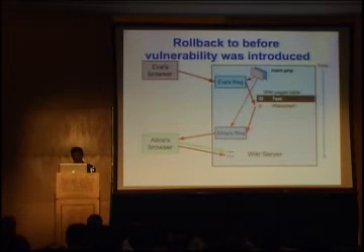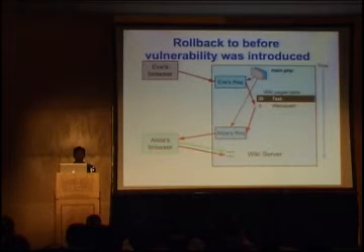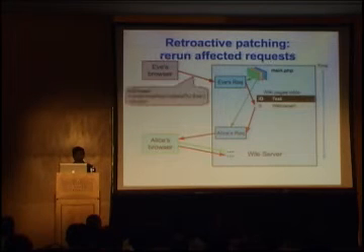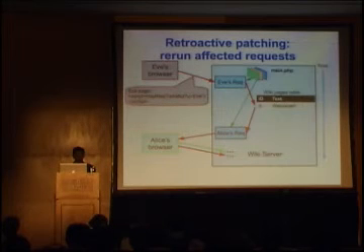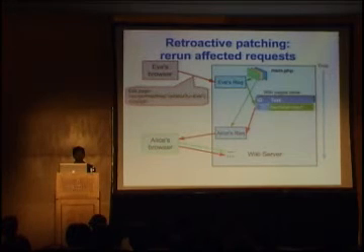Once the patch is available, Warp rolls back the state of the system to a time at which the vulnerability was introduced into the system, and then applies the patch in the past. Then it proceeds to rerun all the affected requests. Since Eve's request loaded main.php, Warp re-executes Eve's request. Now the wiki server does not contain the vulnerability, so the request is sanitized, and the database contains the sanitized input.